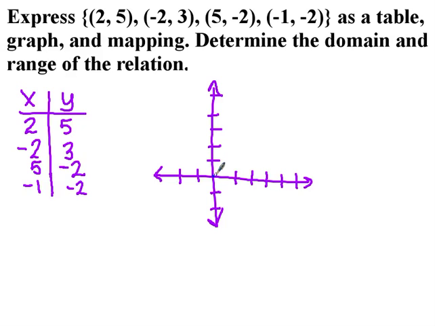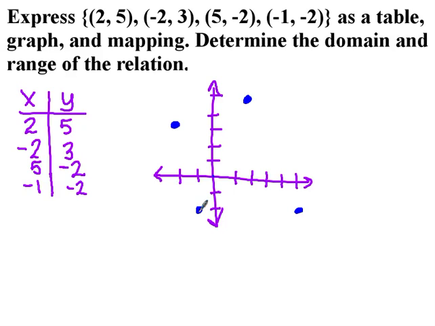Right? How many? 2, and then what? Up 5. Okay, so there's my first point. What else do I need to do for my next one? Left 2? Up 3. Good. Next point. Right 5? Down 2. Okay, next one. Yep. There you go. So there you go, that's the graph.